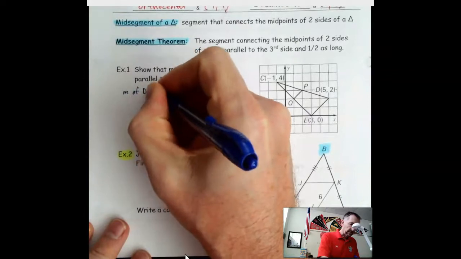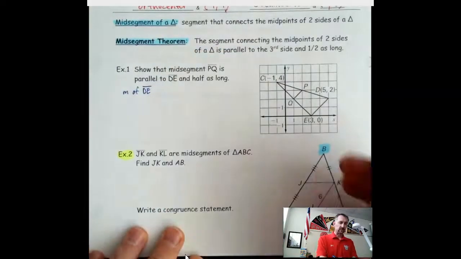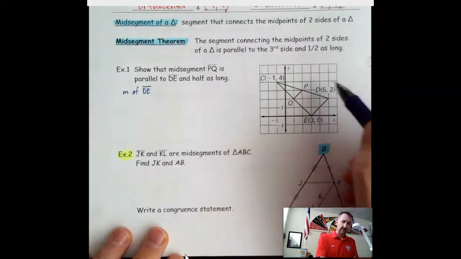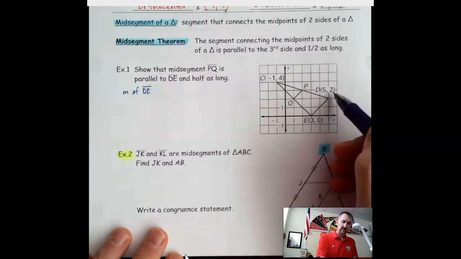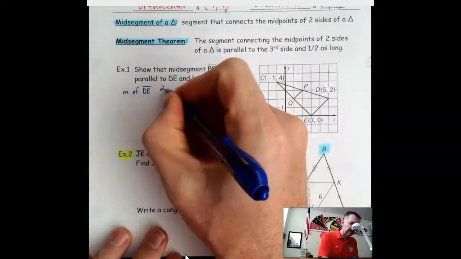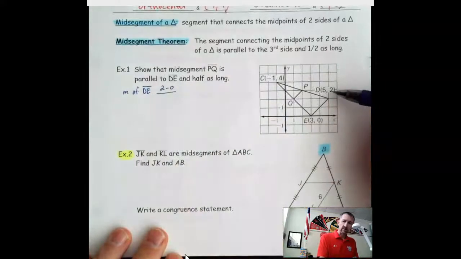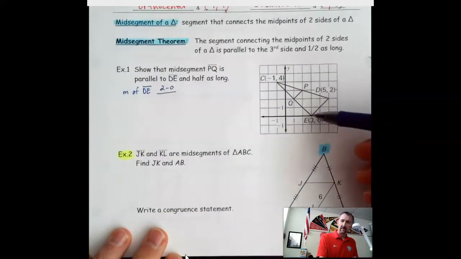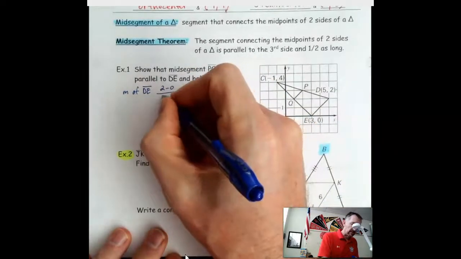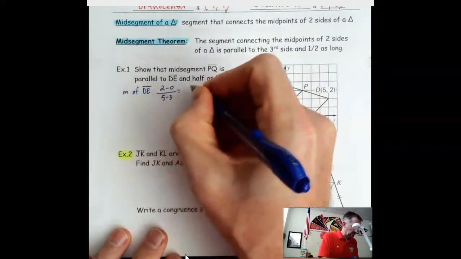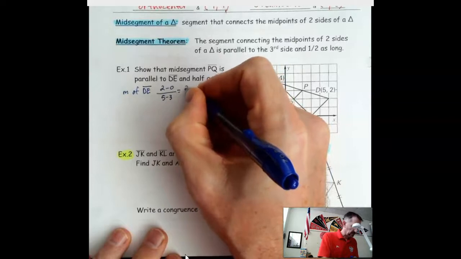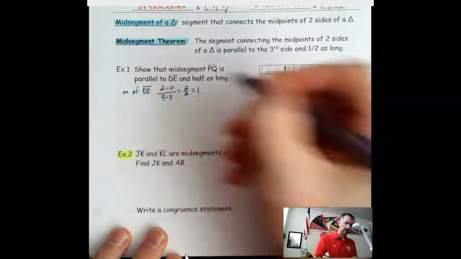Slope of segment DE. So the slope of segment DE is going to be the change in y over the change in x. So the y is 2 minus 0, and then 5 minus 3. So that's going to be 2 over 2, which is 1.